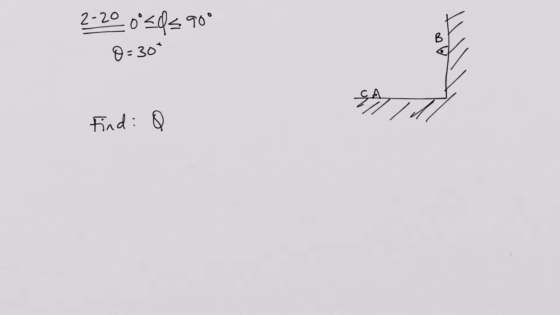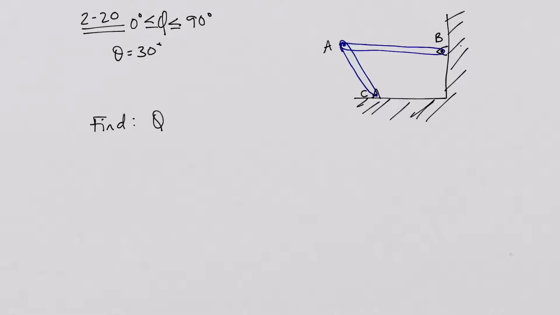They go out to point A. So they go somewhere out here. So A. We have AB and AC. This is point A.